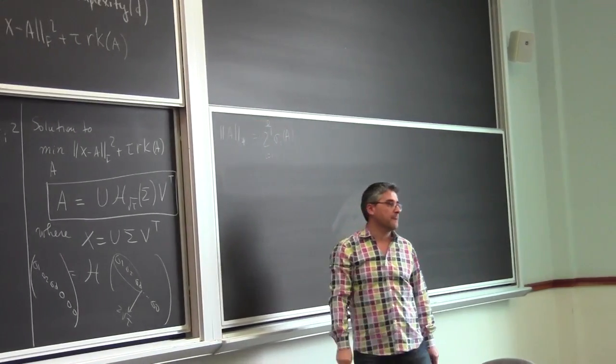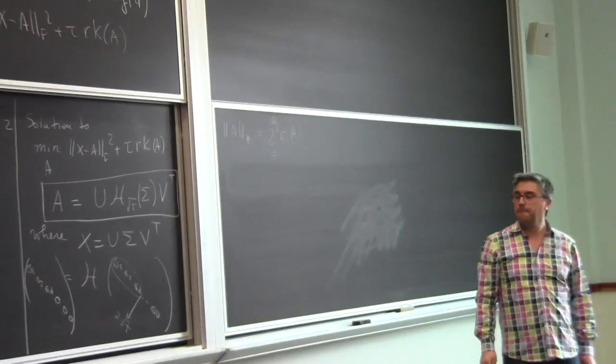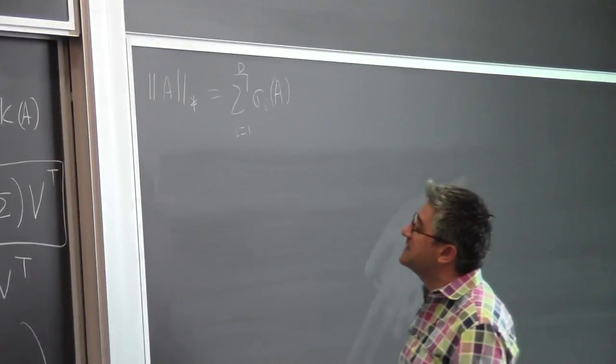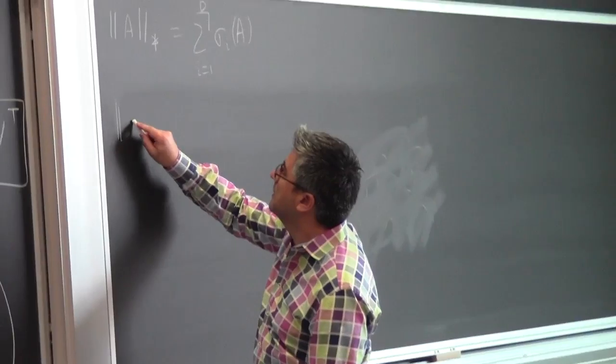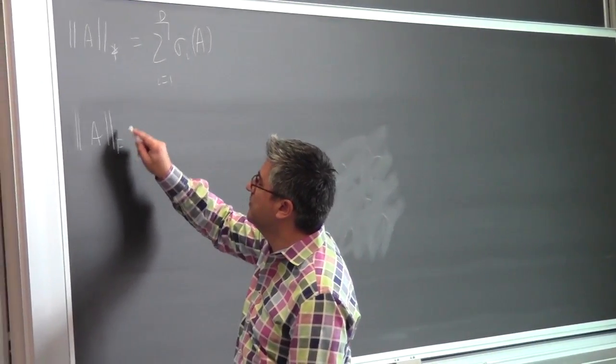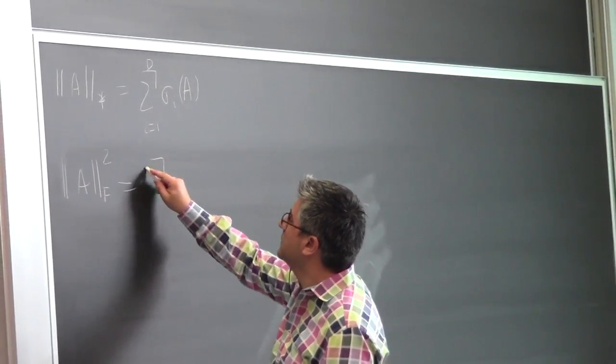Okay? And for the sake of comparison, notice that the Frobenius norm squared is equal to the sum of the squares.